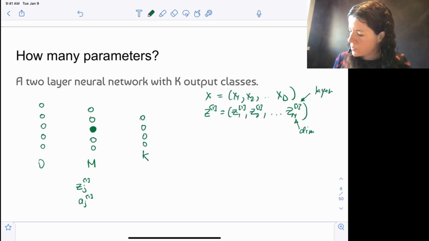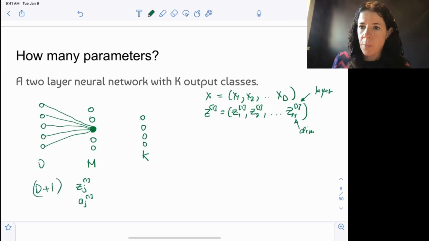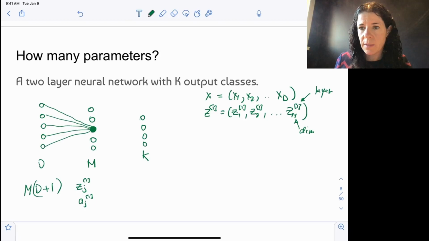Okay, so if you think about this, how to compute one of these neurons here, say how to compute zj or aj, right, 1. We have to basically do a linear transformation of the inputs, so we're going to need d weights plus a bias. So for each one of them, we're going to need d plus 1 numbers. And since we have m of them, the first layer is going to need m times (d plus 1) elements.